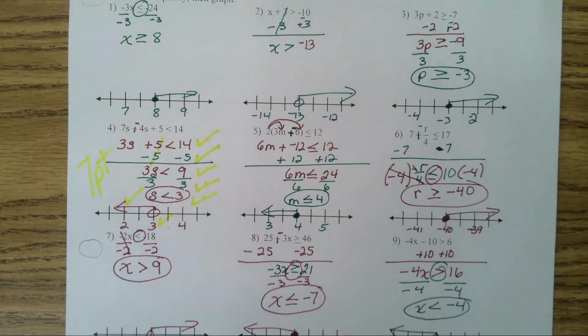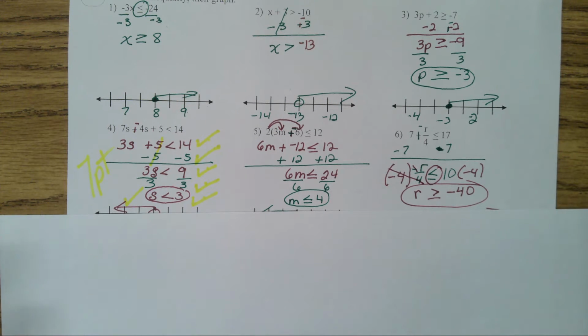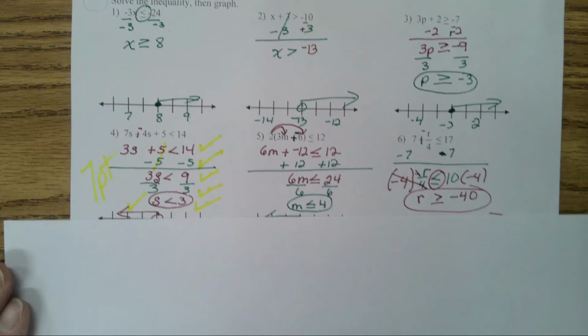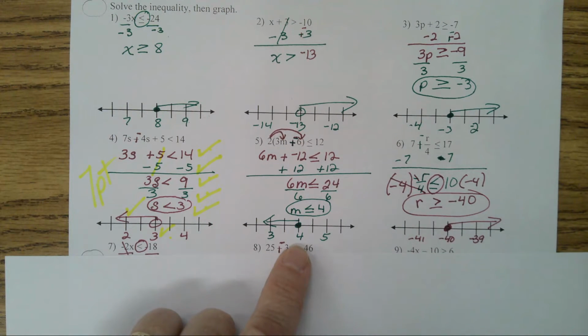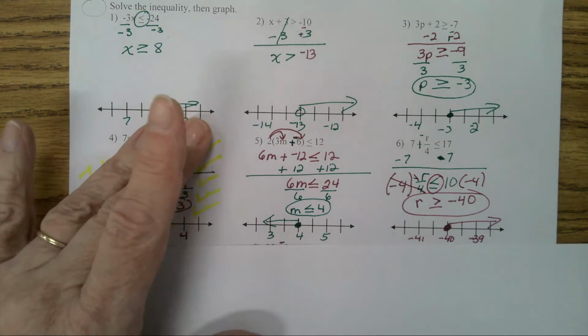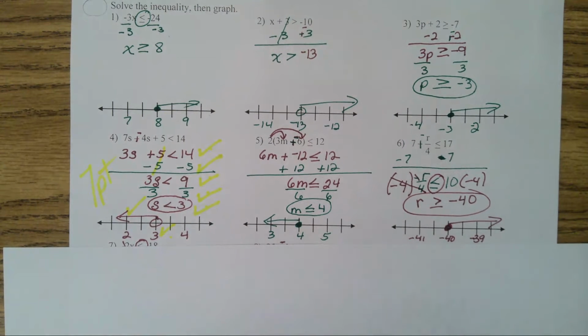Then bring down 6 times m is less than or equal to 24. Then divide both sides by a +6, and you get m is less than or equal to 4. Circle your answer and graph it. Close circle on the 4 going to the left. Any questions?